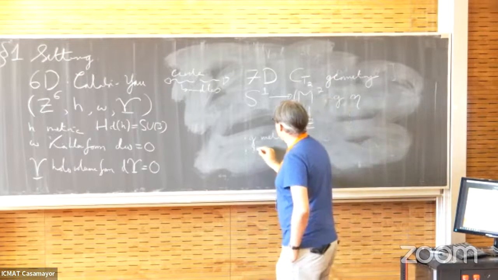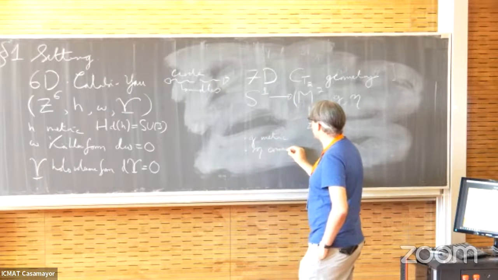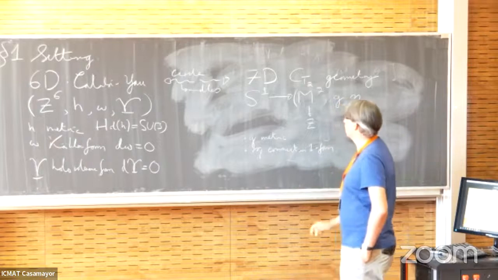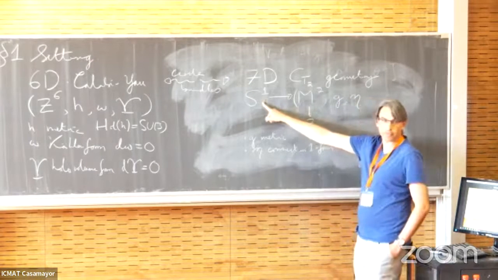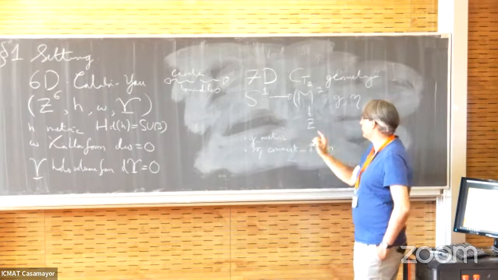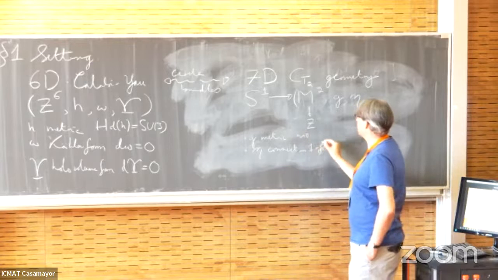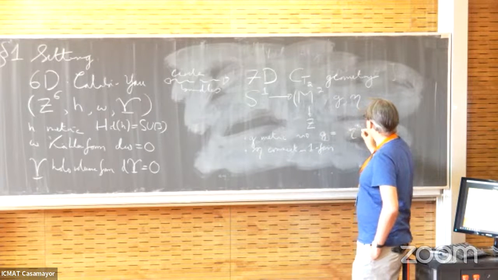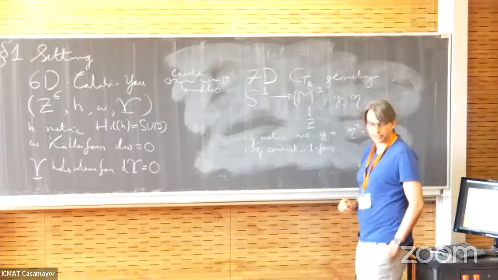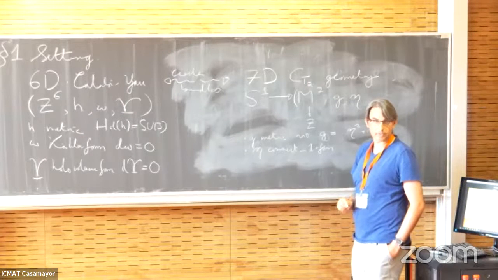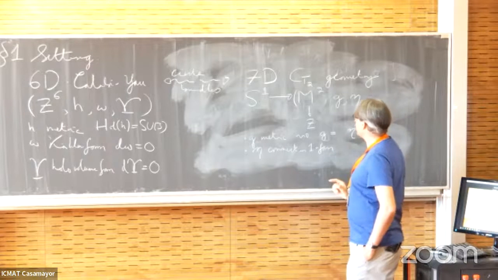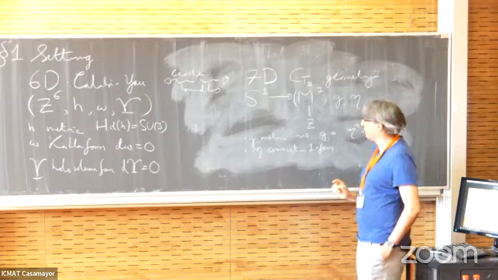It's going to have eta, a connection 1 form for the circle bundle. And so then you can write this metric in a very simple form. g is just going to be eta squared plus h. Make sense?